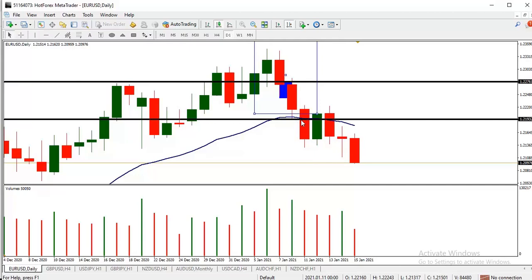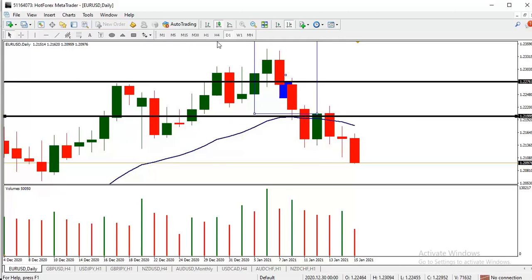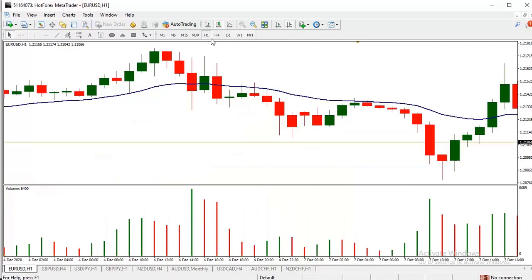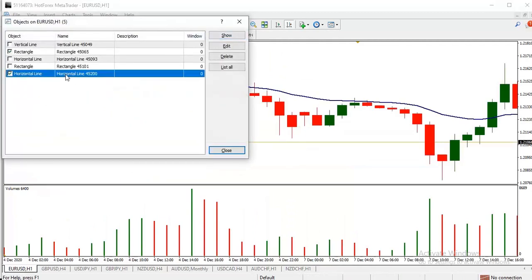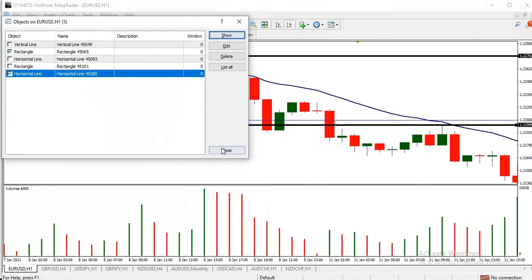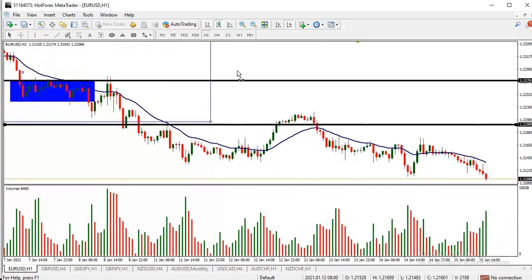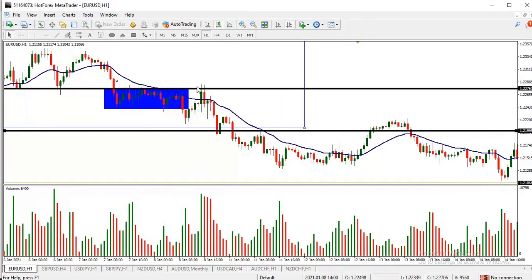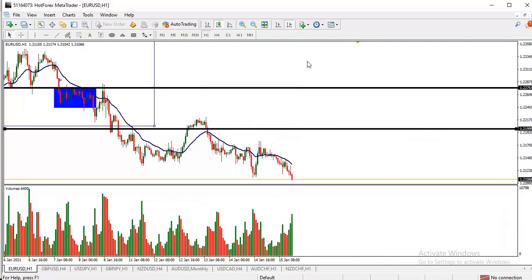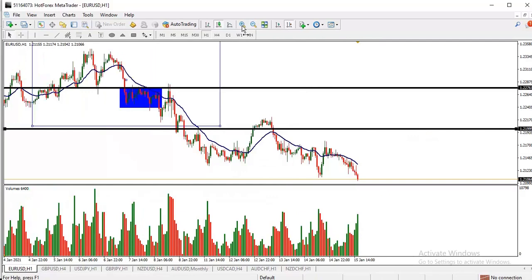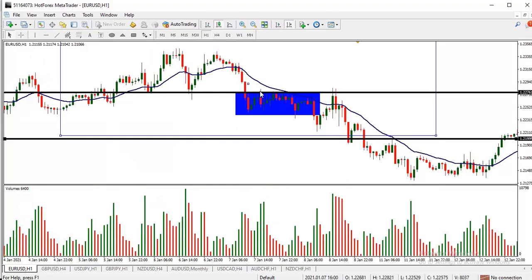Now what did I tell you? After they've shown us all this, they will now come down to what? They accumulate the price, they manipulate the price, and they distribute it. I will show you how they did that. Now, this is our break of market structure.